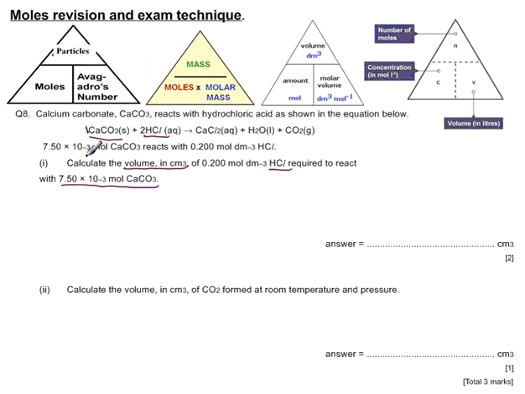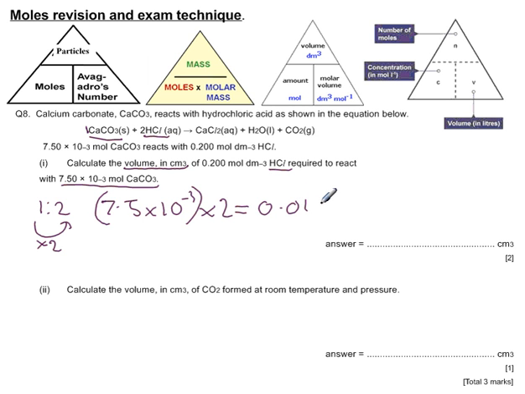And the ratio is 1 to 2. So that means if we times the number of moles of calcium carbonate by 2, that will give us the number of moles of hydrochloric acid. So the number of moles of calcium carbonate is that. Put brackets around it in your calculator. Multiply it by 2. So the number of moles of the acid is 0.015 moles.